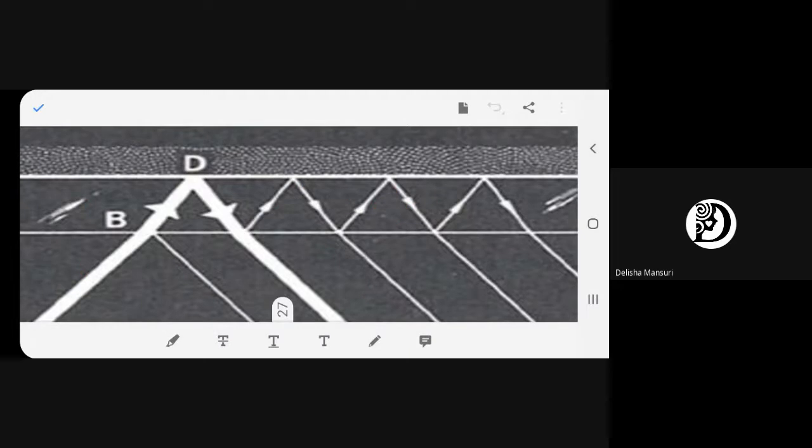That's the reason you can see that all these rays are bending. You see this? It's not going straight. It is bending like this. If it would have been straight, it would have come like this. You agree or not? But it is bending.